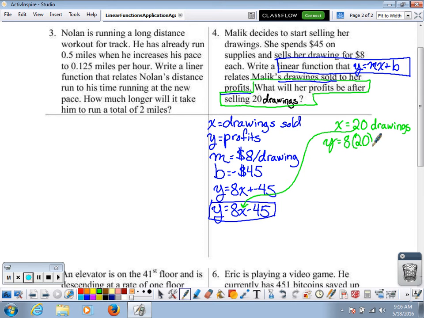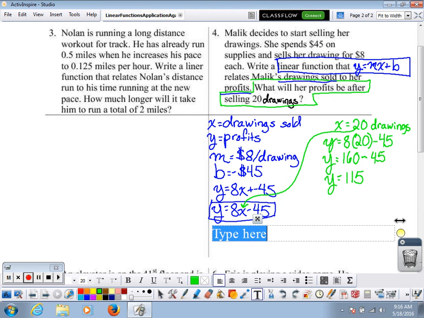Good. 8 times 20 minus 45. Well, y is already by itself, so we can just do the arithmetic. 8 times 20 is 160 minus 45 gives us 115.